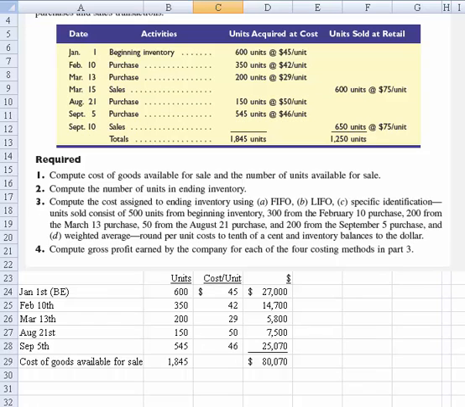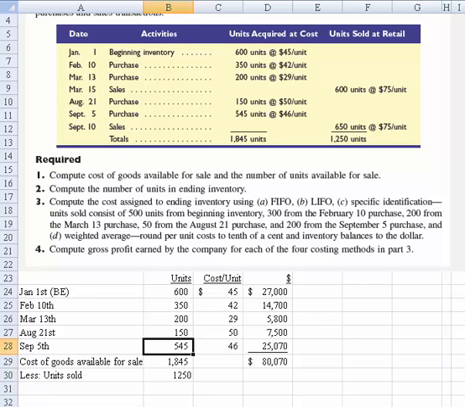And then we just need to compute how many units were sold. I'll just do this right here. They sold 600 and then 650, so that's 1250. So I'm going to say less units sold, and I'll type in the 600 that we sold on March 15th and the 650.